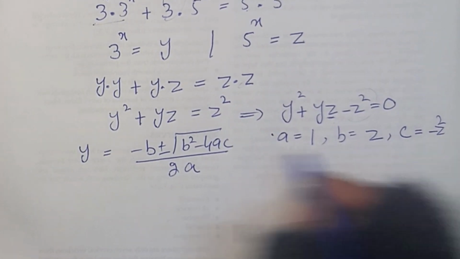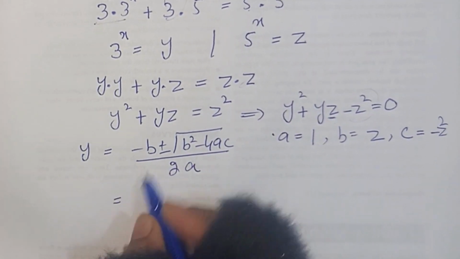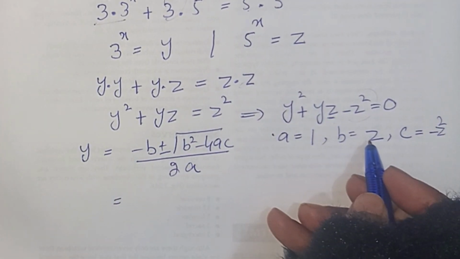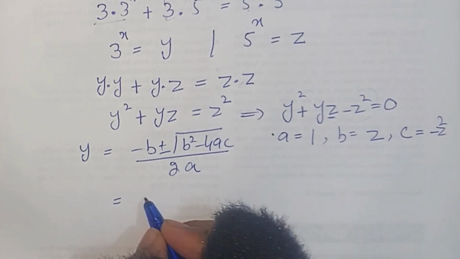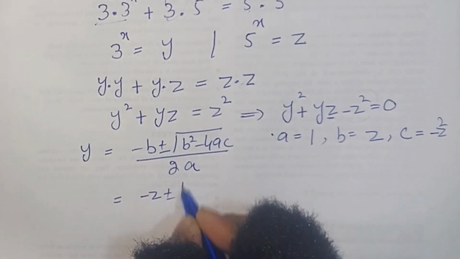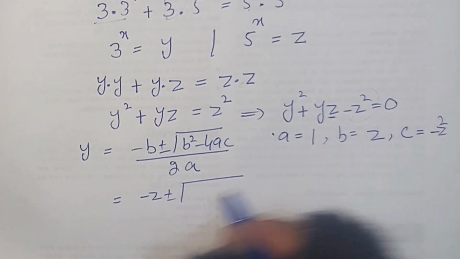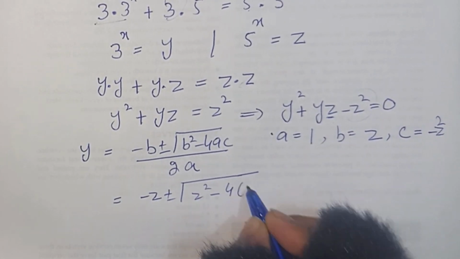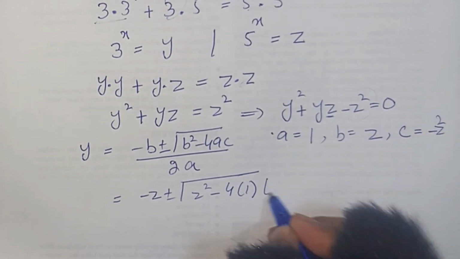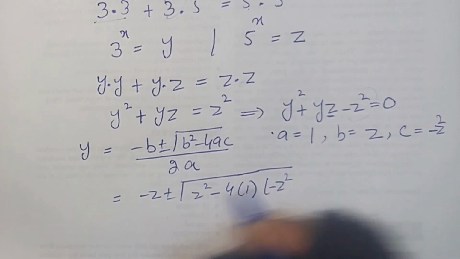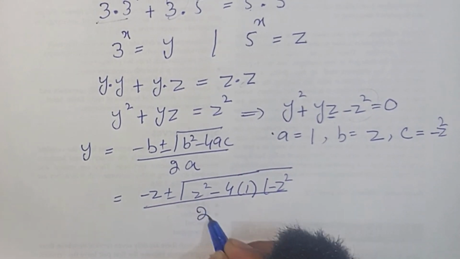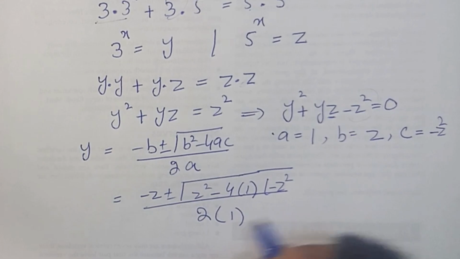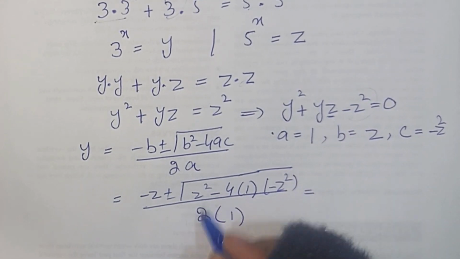Now we substitute these values in the formula. Minus b becomes minus z, plus minus the square root of b square, which is z square, minus 4 multiplied by a, which is 1, and c, which is minus z square, divided by 2a, where a is 1. Now we simplify.